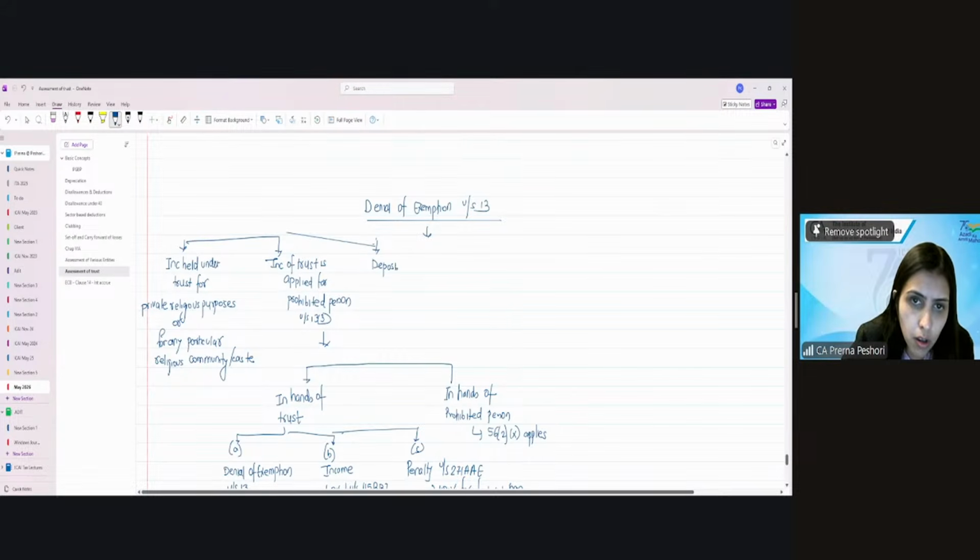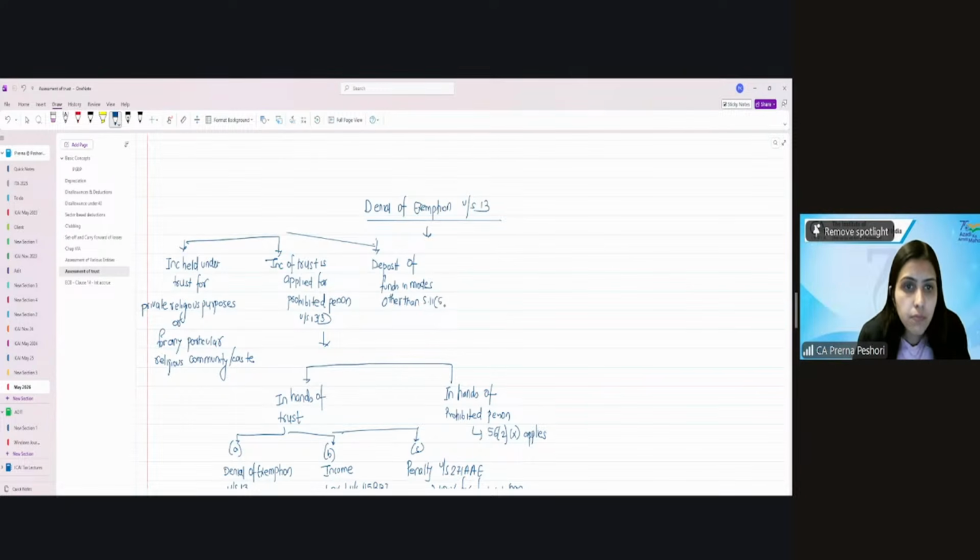Deposit of funds in modes other than section 11.5. Right? So if you hold the shares of a private company, then in that particular case, it is not permissible. Clear?